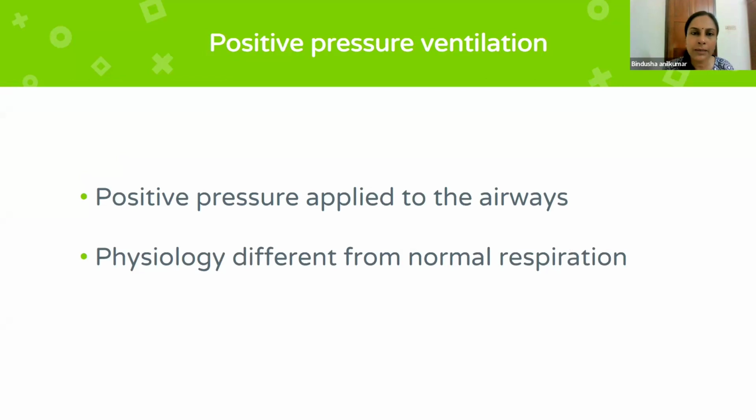Normally, we are breathing by producing a negative pressure. Here, we are making the patient breathe by producing a positive pressure in the airways. A positive pressure is applied to the airways so that the lungs are filled. So the physiology will be entirely different from the normal type of breathing.